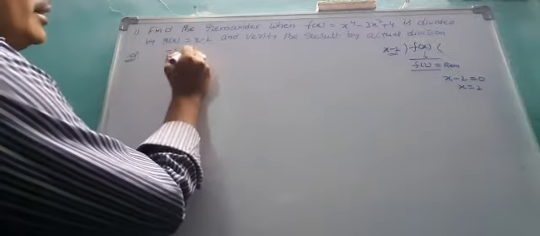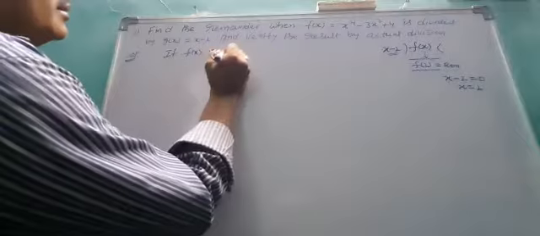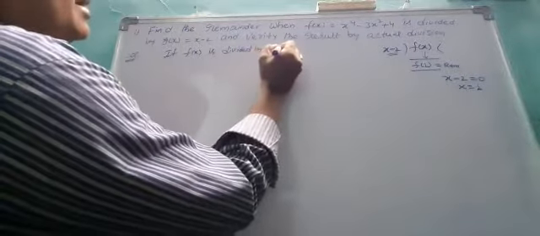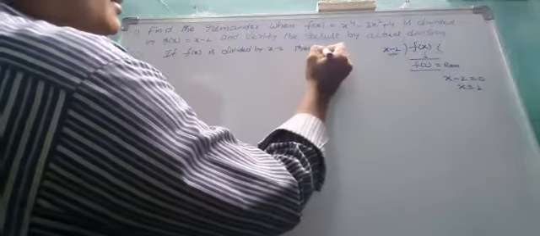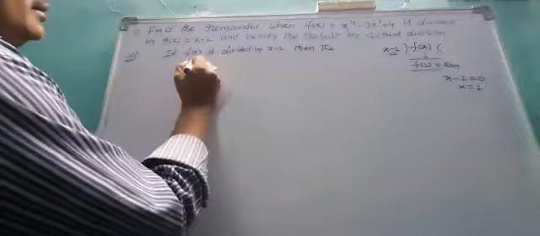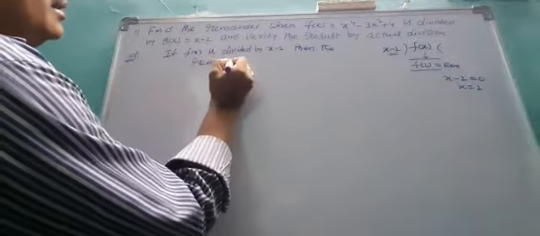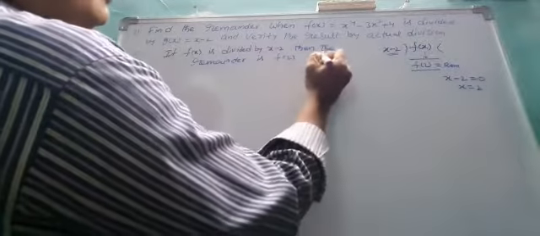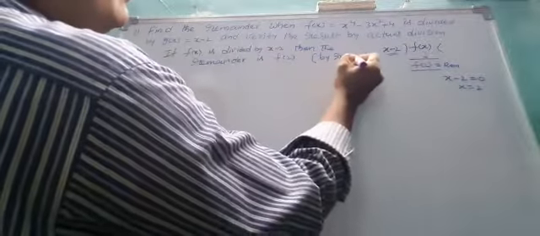If f of x is divided by x minus 2, then the remainder is f of 2 by the remainder theorem.